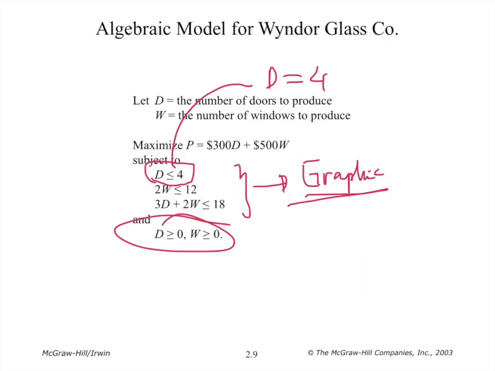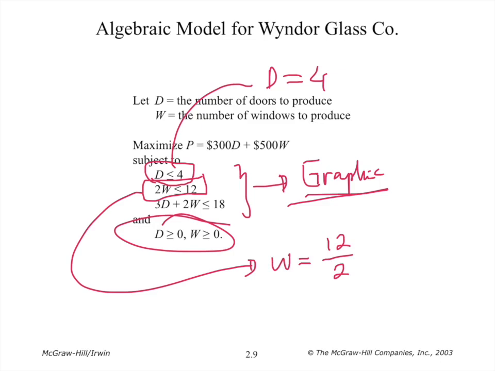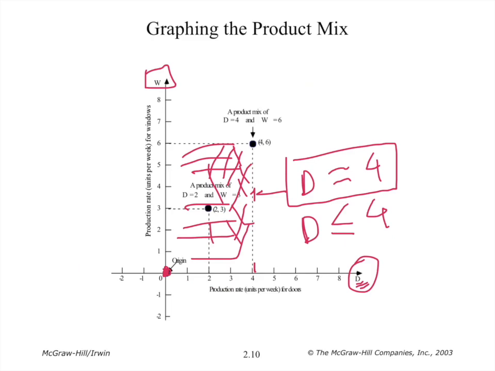And to plot the equation 2w less than or equal to 12, we can plot the line w equal to 12 divided by 2, which is 6. So we get the line w equal to 6. That is this line.